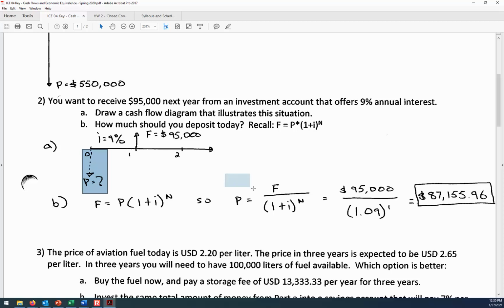Now a quick word about rounding off. When you use a formula like this, you can be accurate to the nearest penny. You don't need to be accurate to more precision than a penny, so you don't need to keep track of tenths of a penny. You can just report the answer to the nearest penny, but don't round it off to the nearest dollar. Later on, when we start using the factor tables in the book, those won't always allow you to be accurate to the nearest penny, because sometimes those factor tables have decimals with only four significant figures.